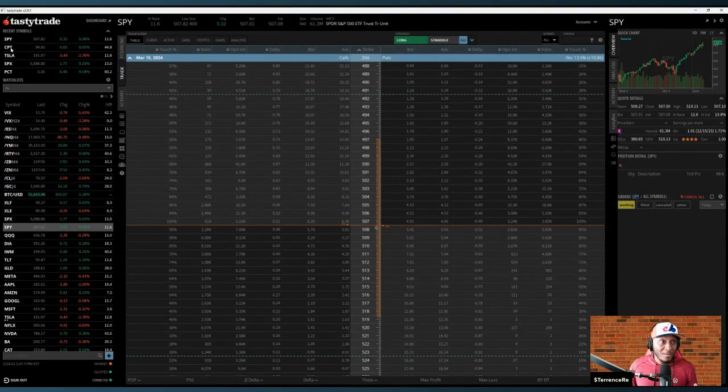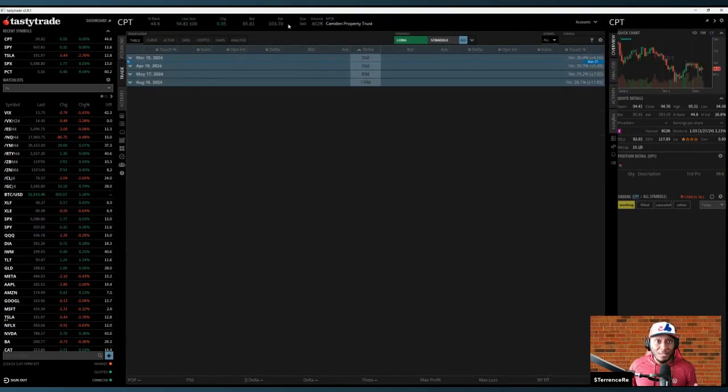Even if you look at the stock on CPT, look at the bid ask spread after hours: $103.70, $85.81. That's almost $20. So what that would mean is, if you're a trader, you've got to be careful, because if you just click buy, you could get filled at like 100, and it may only be worth somewhere around 86, 87.